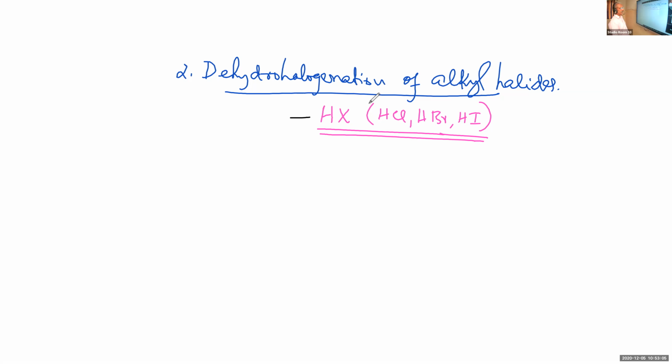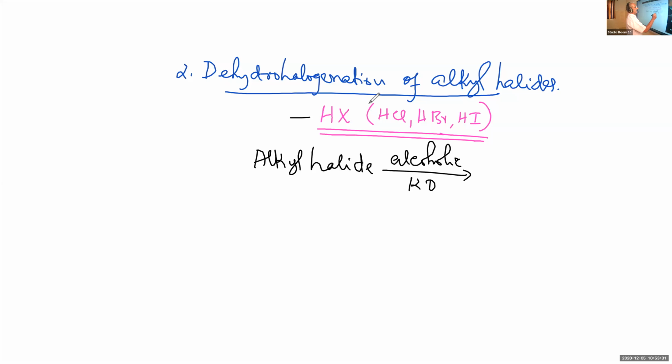And for the dehydrohalogenation, what do we have to do? We have to heat the alkyl halide with alcoholic potassium hydroxide, KOH.